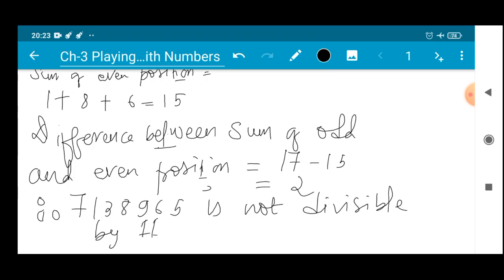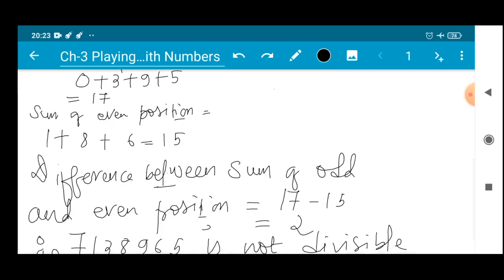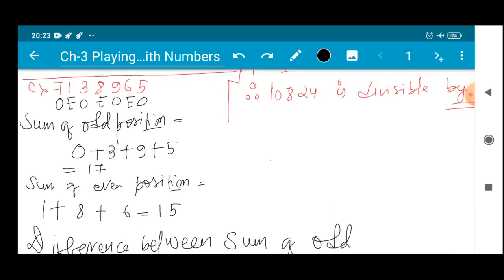Yes, because we are not getting a multiple of 11, neither did we get 0, right? If you are not getting either of these, then we will not consider that number divisible by 11. So hence this number is not divisible by 11. Okay, so let's proceed to the next part.